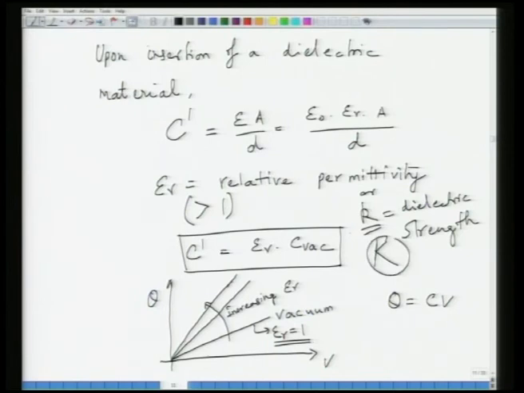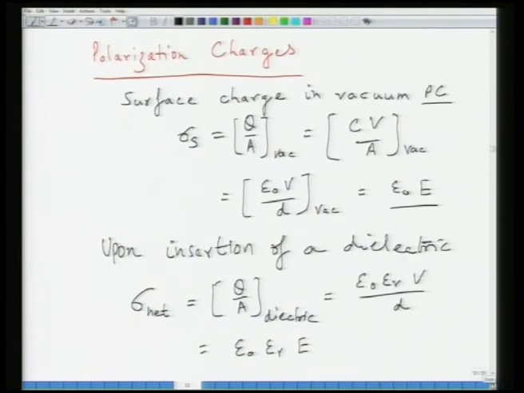This is not very important, the important thing is you understand what it is. Since by definition, when you insert a dielectric inside a vacuum capacitor, it has to increase the capacitance, epsilon r is greater than 1. So, what it means pictorially is that it increases the charge storage capacity of the capacitor.